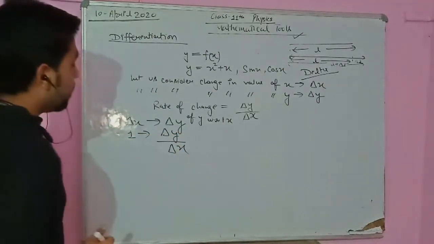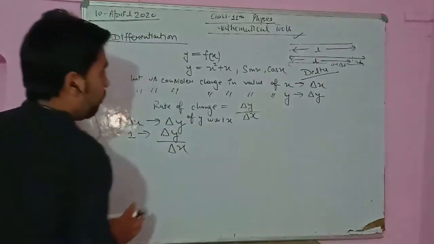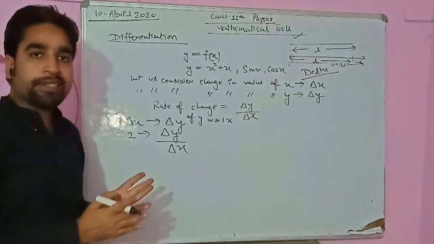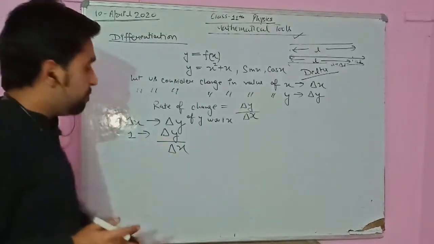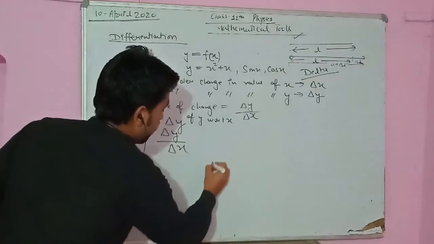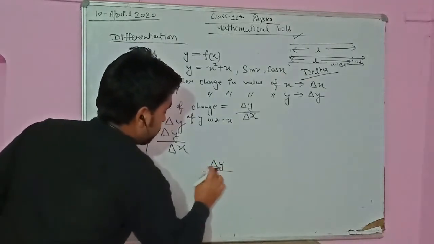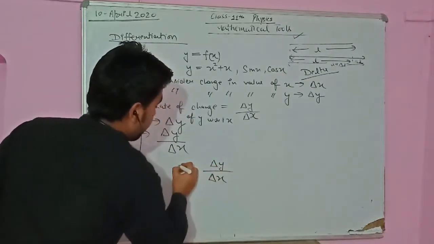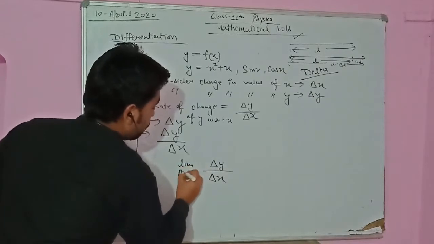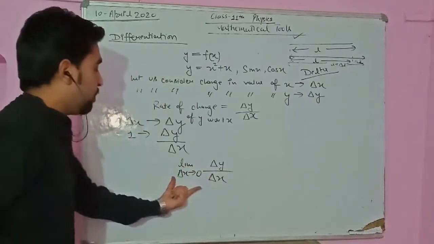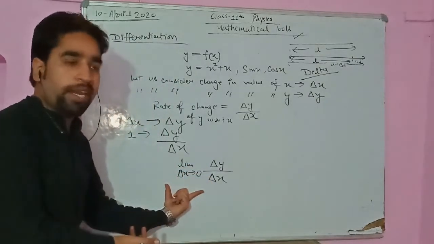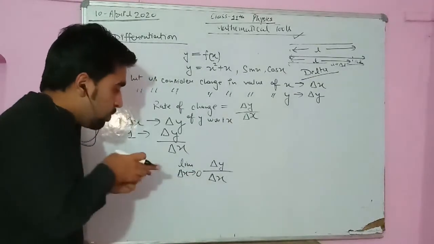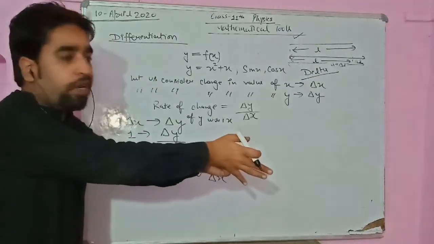Now this rate of change is taken when del x is tending to 0. इसको समझिएगा. Rate of change is del y upon del x. Now if del x is tending to 0, ऐसे लिखते हैं. It is not actually equal to 0. Del x is not 0, but it is going towards 0.